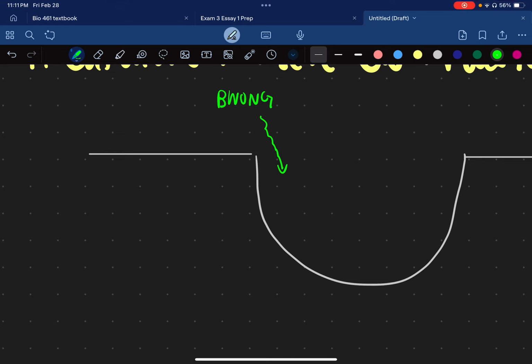The action potential is going to trigger voltage-gated calcium channels to open. So when those open, calcium from the ECF is going to rush into the ICF of this heart cell.